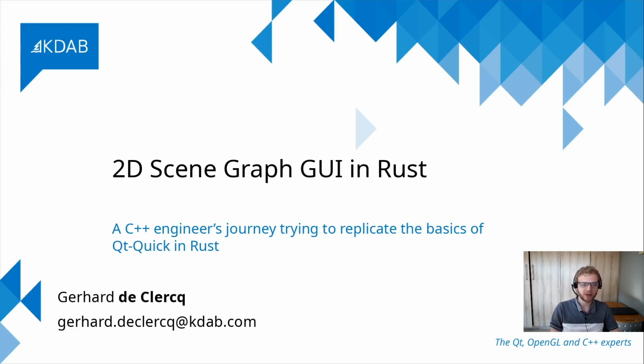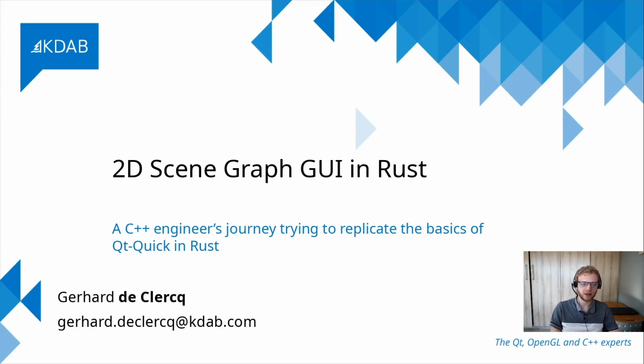The talk is entitled 2D Scene Graph GUI in Rust, which right now probably sounds like a bunch of gibberish, but throughout the talk we'll get to what all of those terms mean. Right now, 2D scene graph is really just a reference to Qt for anyone who's ever worked with that.